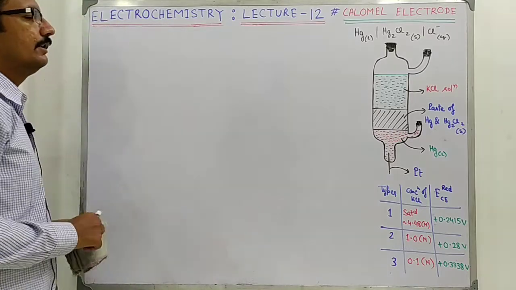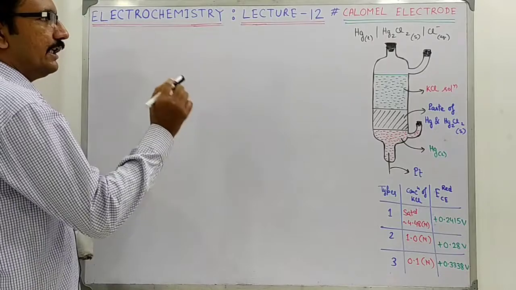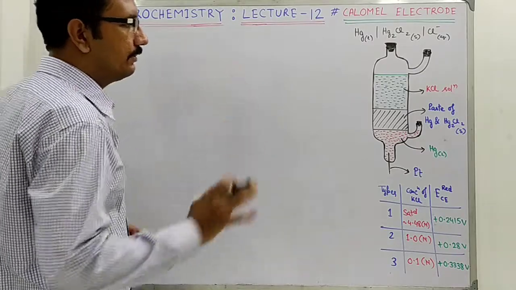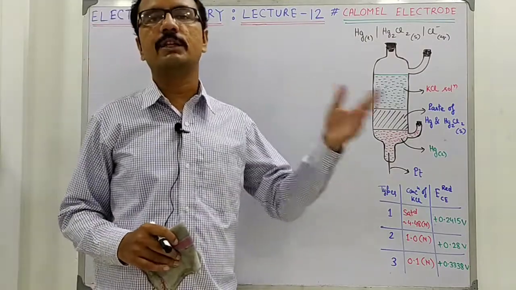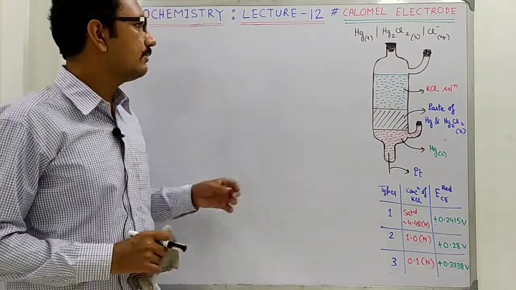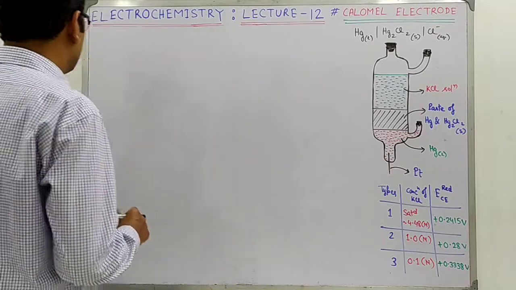Now before using a secondary reference electrode, one may have a query: what is the problem with the primary one, that is, with the standard hydrogen electrode, what is the problem?